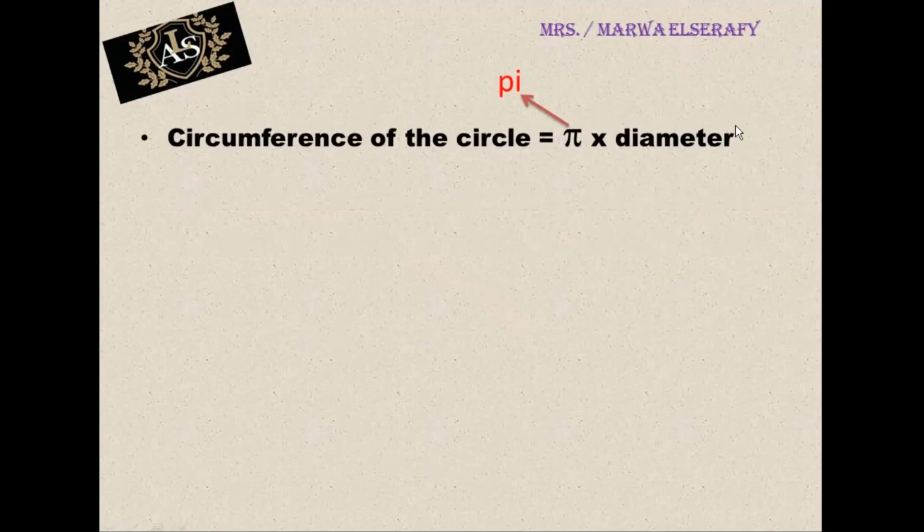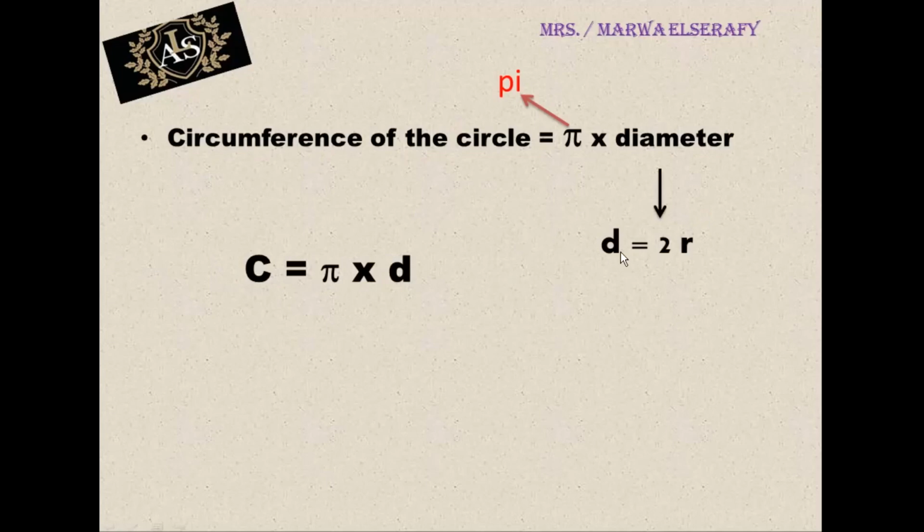This is the rule for the circumference of the circle. We will represent the circumference of the circle by C, and the diameter by d.